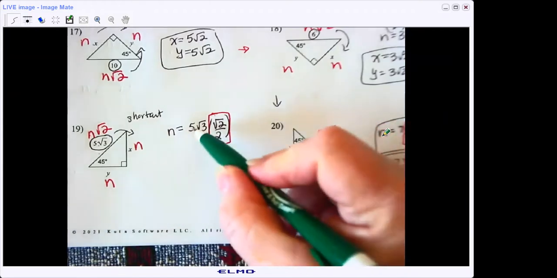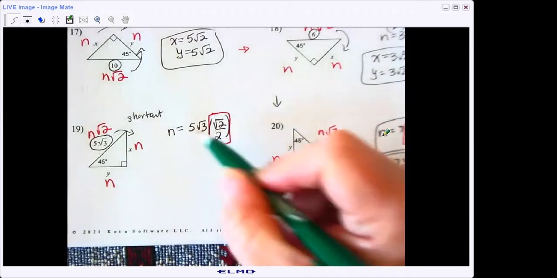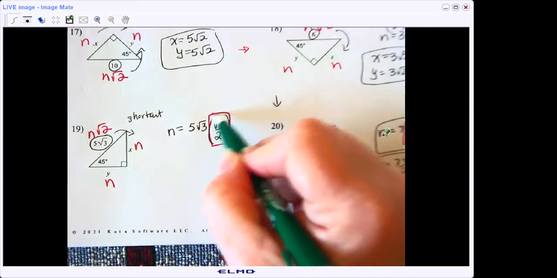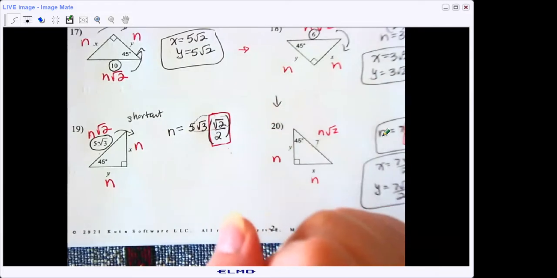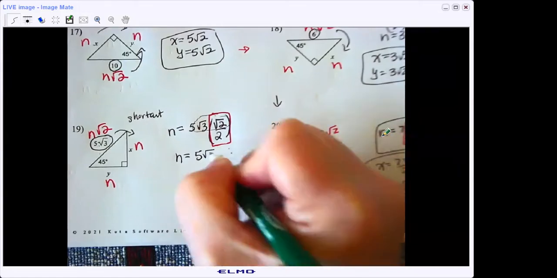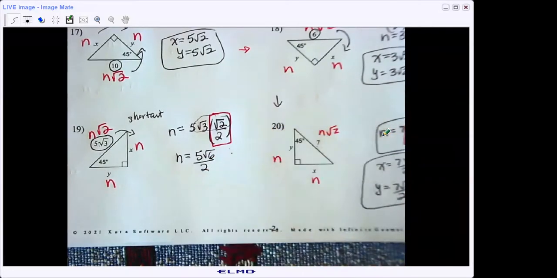So these are my outside numbers, the 5 and the 2. They don't divide evenly, but I can multiply my inside numbers together. So n is equal to 5 root 6 over 2. That's my n.